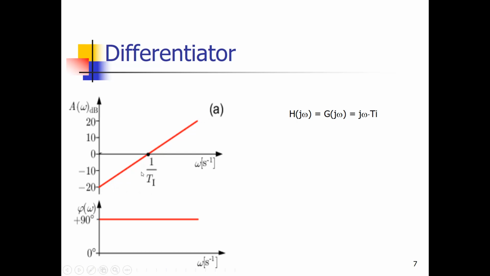And exactly on the crossover frequency, which can be calculated when we have in this expression H is j omega times Ti, we can say the crossover frequency is equal to the inverse of Ti, so 1 over Ti, and at that frequency my amplitude is 1, or equal to 0 dB.